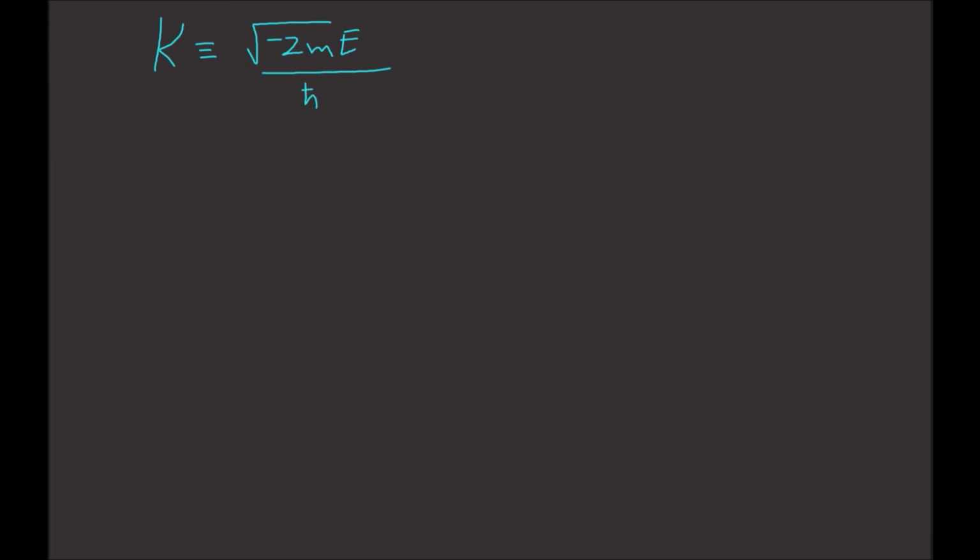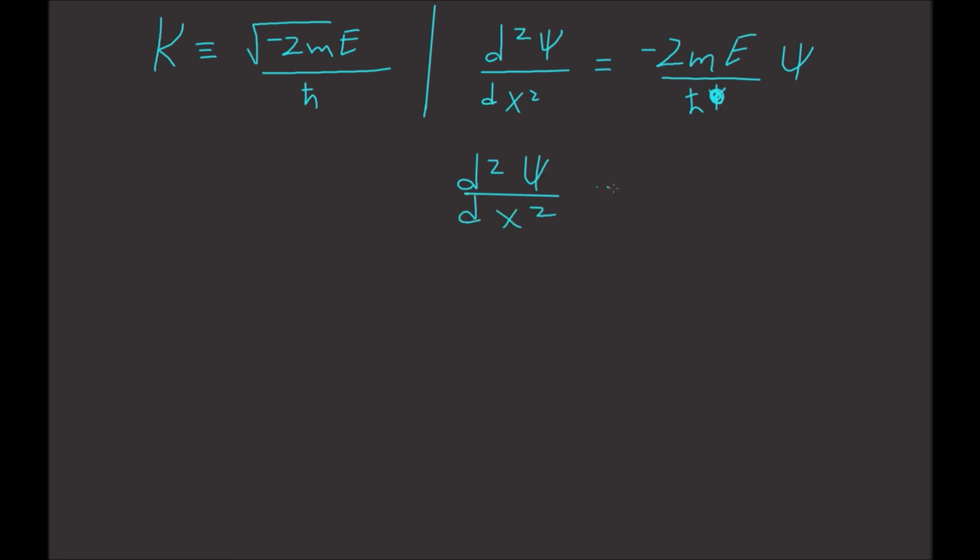With this in hand, after we move things around, the Schrodinger equation reads: the second derivative of psi with respect to x equals minus 2m times E divided by h bar squared times psi, which is the same as the second derivative equals k squared times psi. Does this equation look familiar? Of course it does, and we know the solution for it.